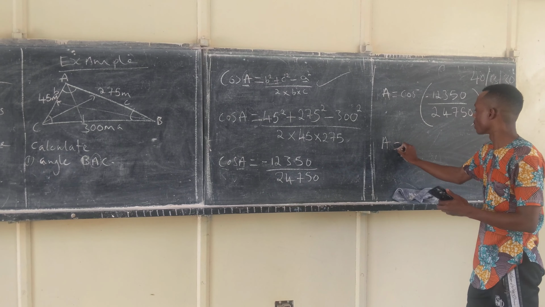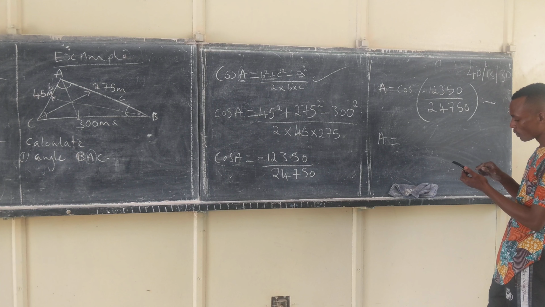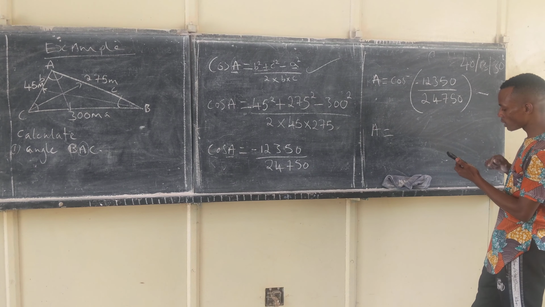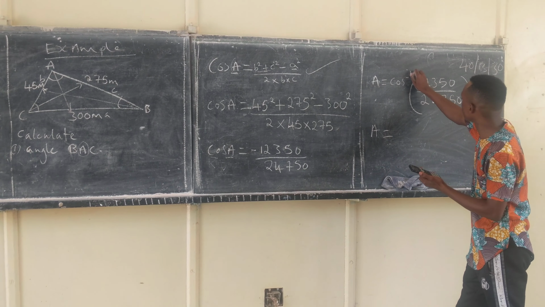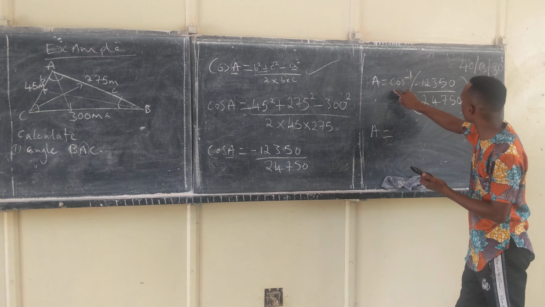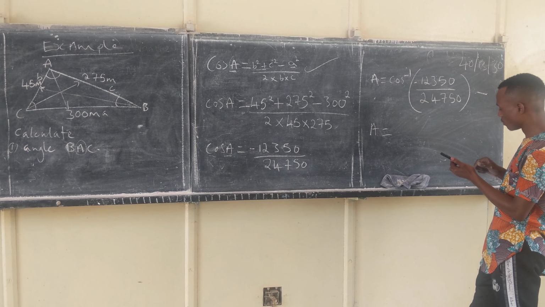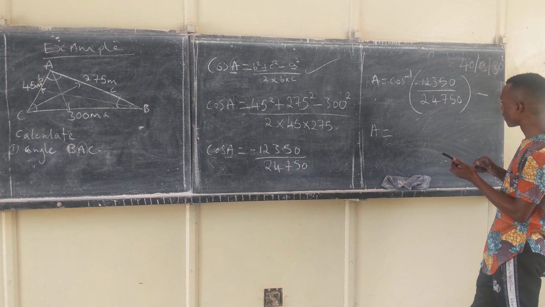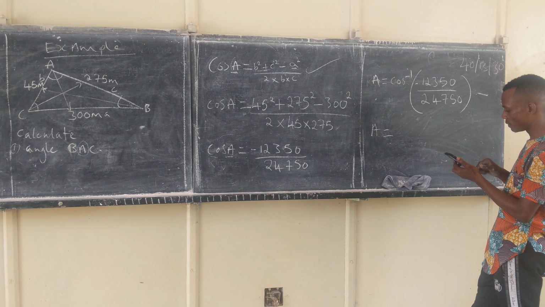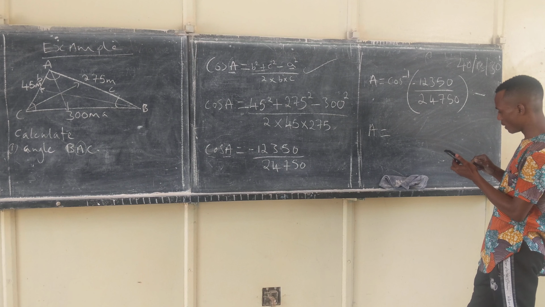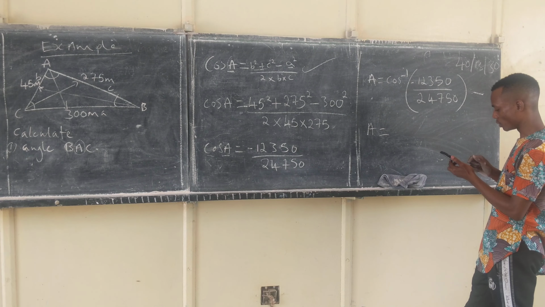So what is our answer? When you punch on the calculator, you say shift, for those who have a calculator, then you say cos, it will give you cos with inverse. Then you say open bracket, negative 12350, divide by 24750, close.